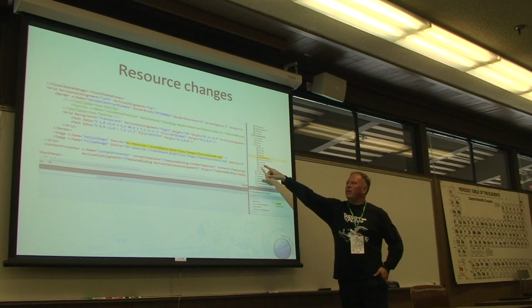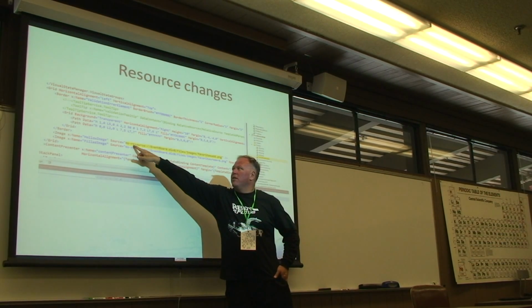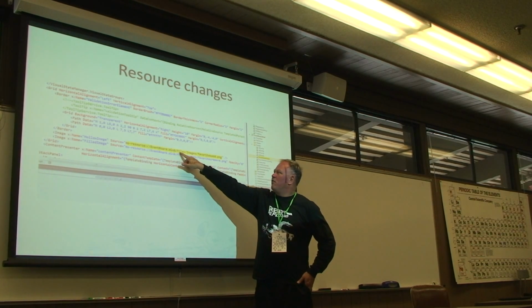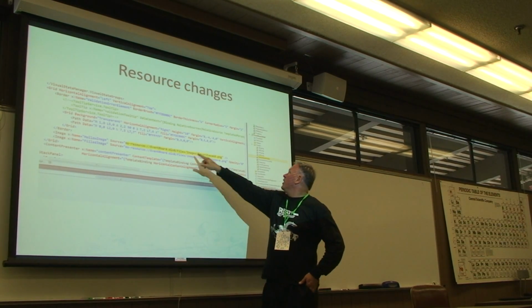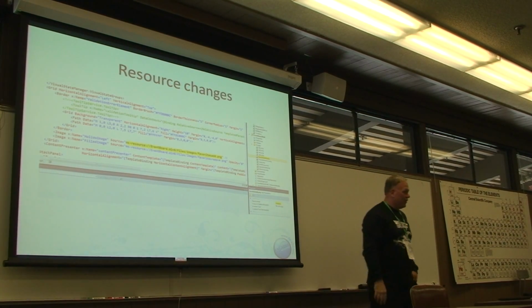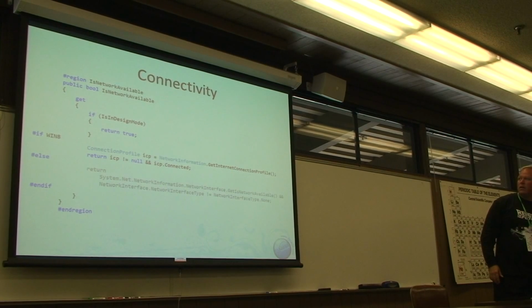To reference that file inside of an image tag, I have to use this new format here, ms-resource, and then here's the assembly, and then you have to have files here, and then images is my directory here. So that's a new construct. Not that hard to change to.